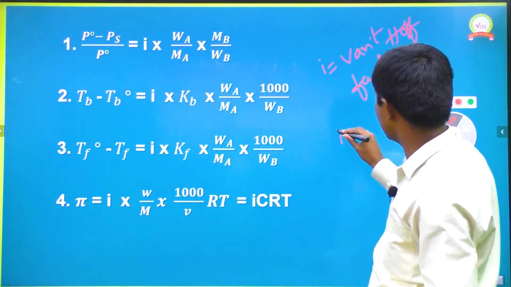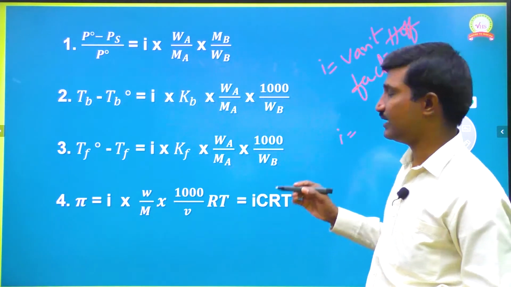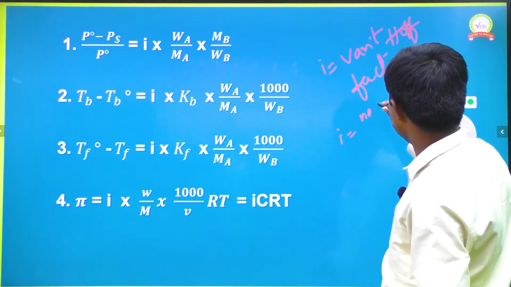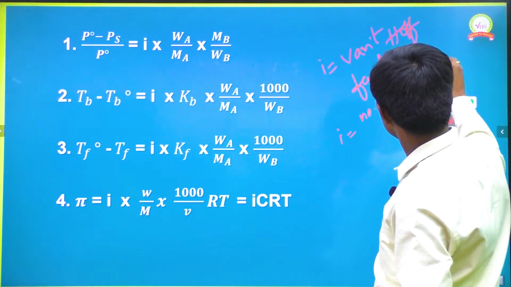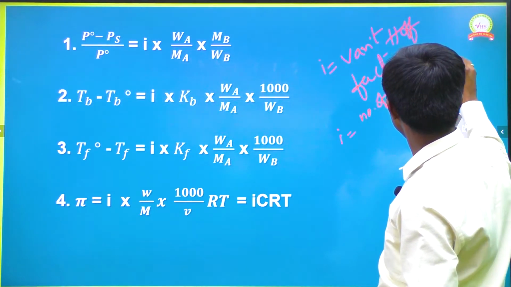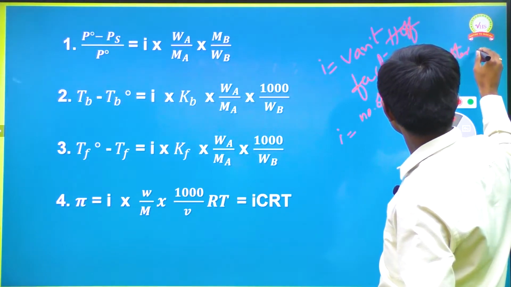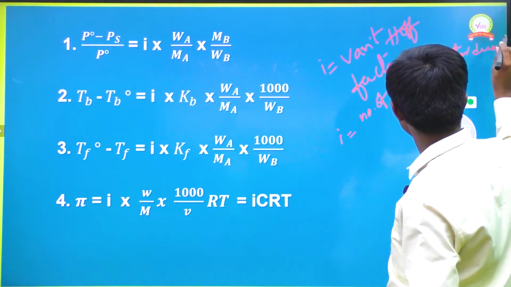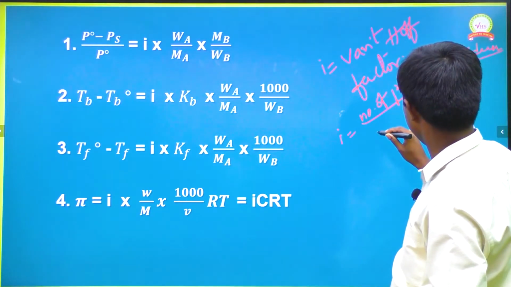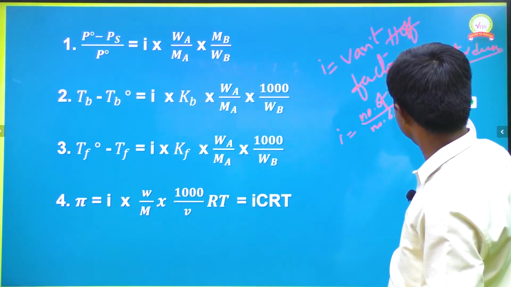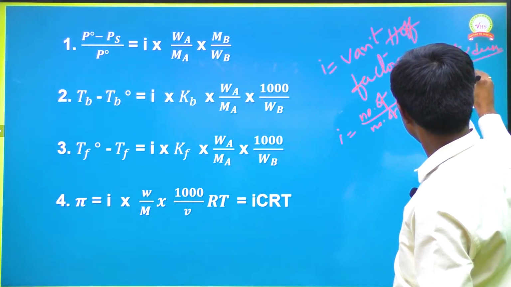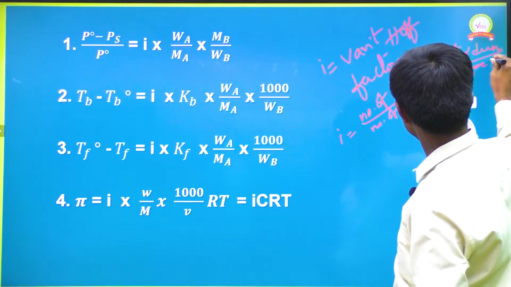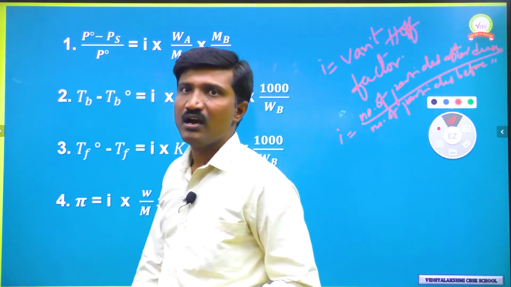So how do we calculate that van't Hoff factor? i is equal to the number of particles after dissociation or association by the number of particles before dissociation or association.